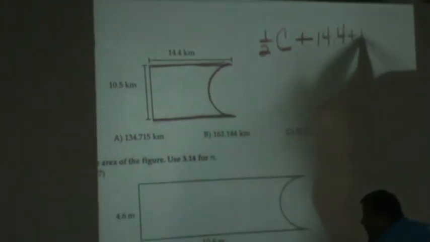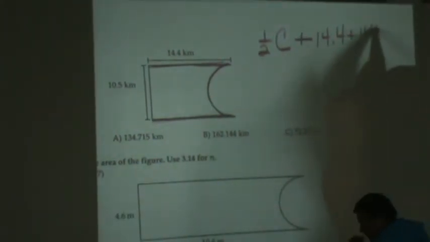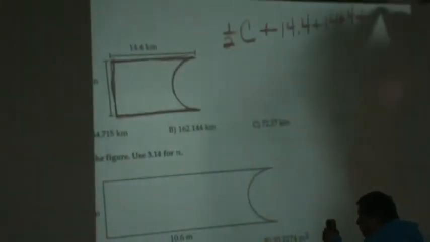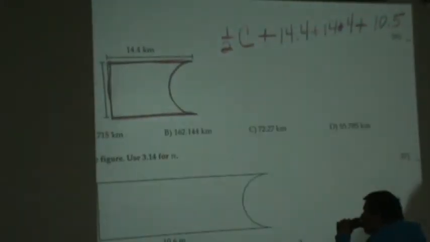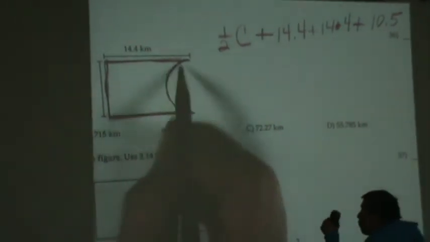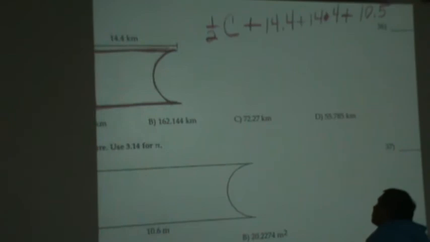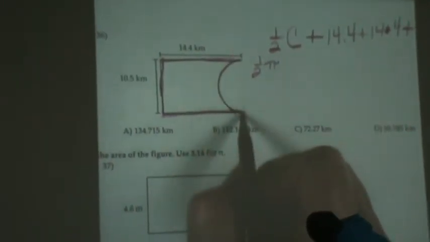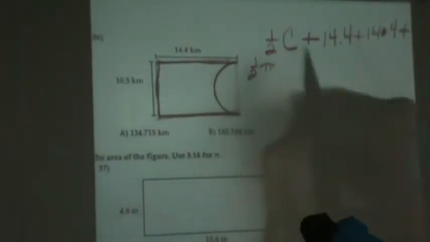Top and the bottom, or 14.4. Plus 10.5. And that's everything, right? Half our circumference, 14, 14, 10. Okay. 1/2 of pi times, what's the diameter of this? 10.5, right.